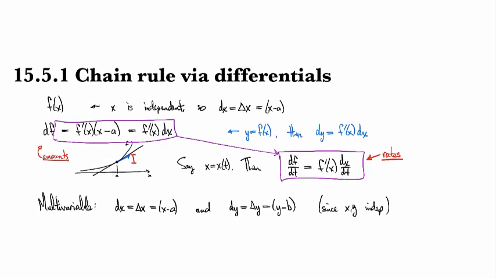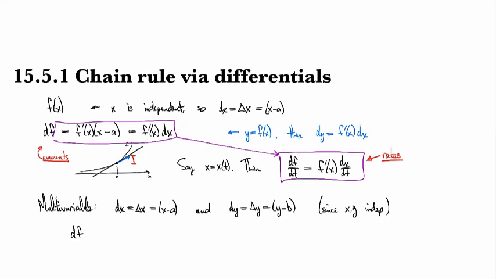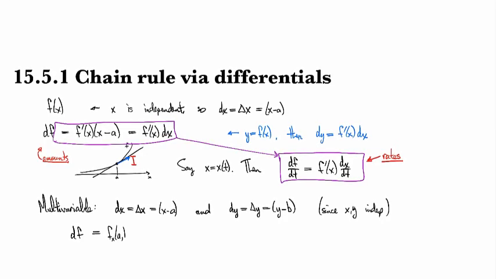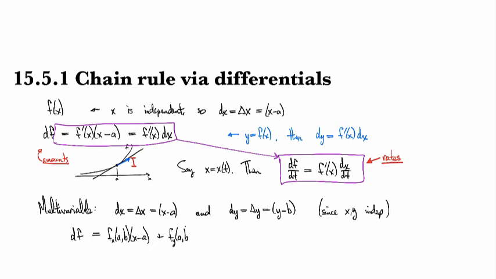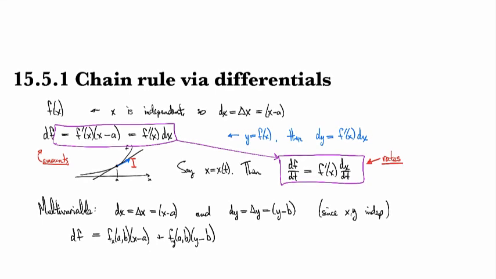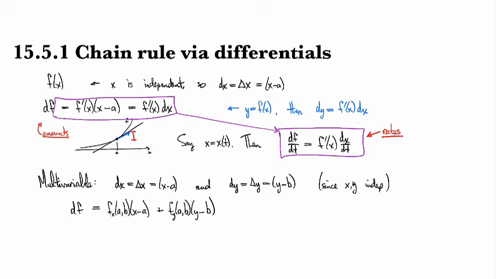And so if we start with our differential df, df is going to be fx at this point times x minus a, plus fy at this point times y minus b. That's our differential.